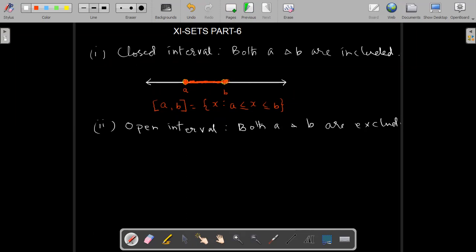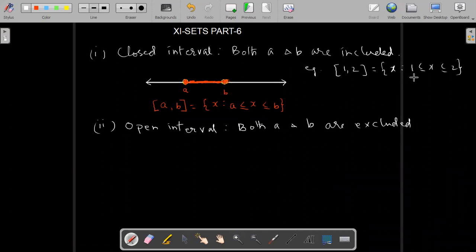Say you are taking 1 and 2. You can write the set of all numbers starting from 1 and ending with 2, but there are infinite numbers, so we cannot write them separately. Here both are excluded.